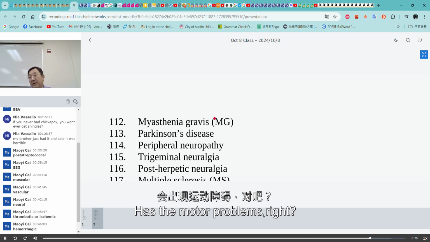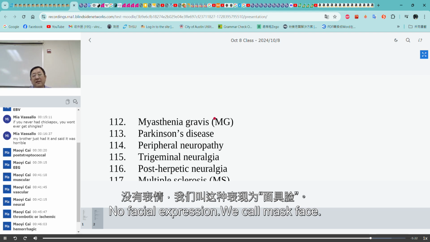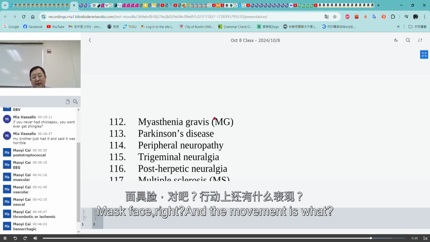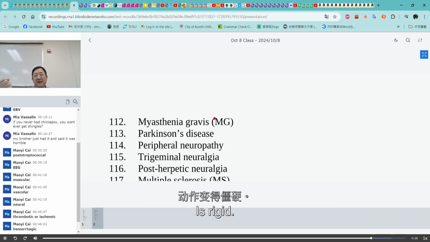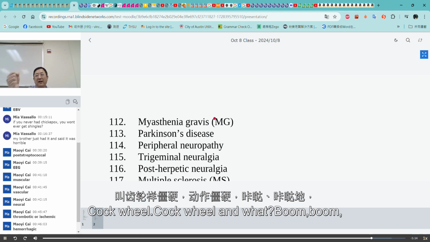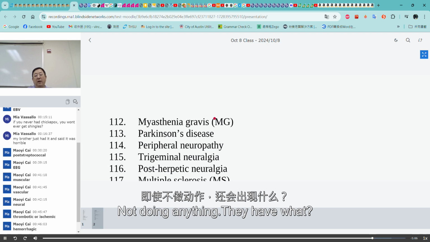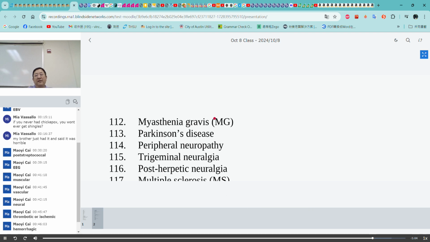Parkinson's has motor problems, right? Like the face, no facial expression. We call it mask face. And then the movement is rigid. We call it cogwheel, like a cogwheel, boom, boom, boom, boom. And at rest, not doing anything, they have tremor.